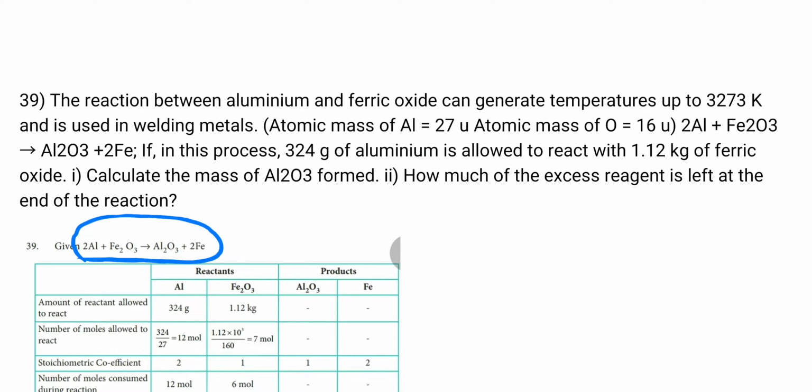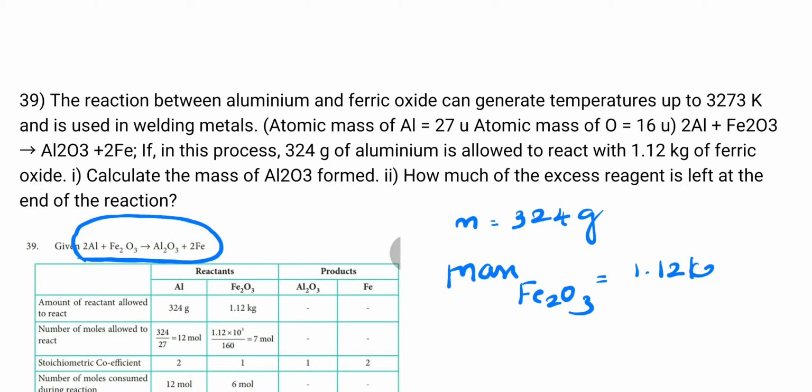The mass of aluminum is 324 grams, allowed to react with ferric oxide. The mass of ferric oxide, Fe2O3, is given as 1.12 kilogram, so 1.12 into 1000 grams.